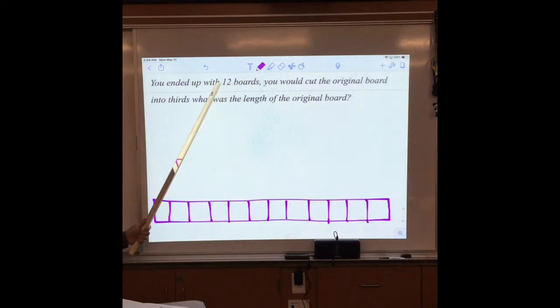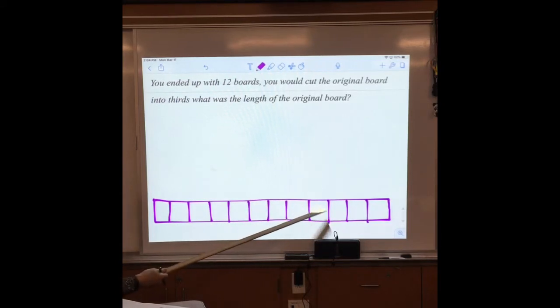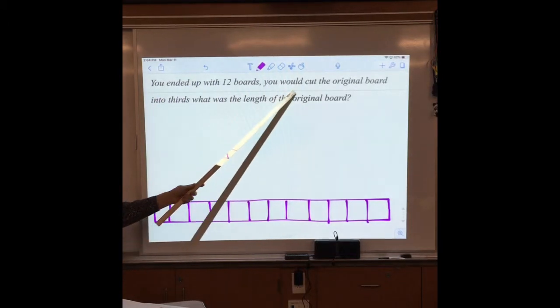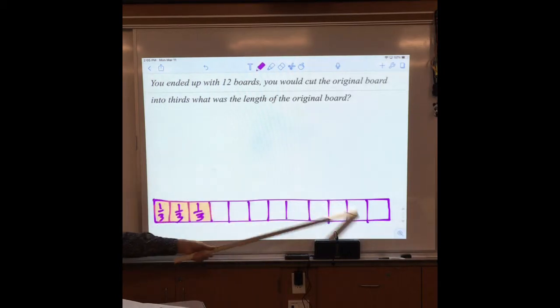So if you notice, we ended up with 12 boards at the bottom, right? I've got 1, 2, 3, 4, 5, 6, 7, 8, 9, 10, 11, 12 boards. You can cut the original board into thirds. Aha! So that means that 1, 2, 3, this would be 1 unit, and this would be thirds, right? Now you know that we're going to have to put thirds all the way.